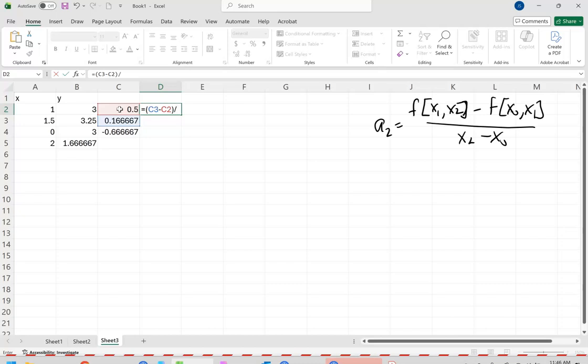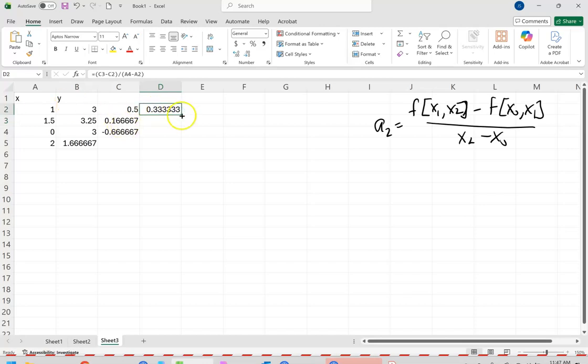What are we going to divide by? Yeah, the 0 minus the 1, right? It's this farther apart. So we'll do this one minus this one. Does that make sense?